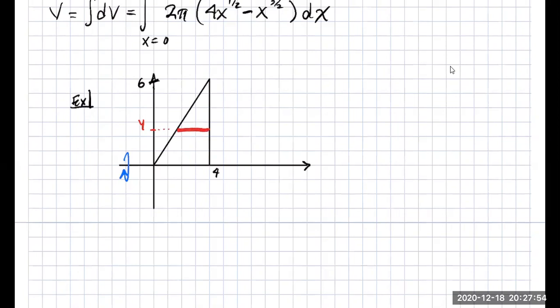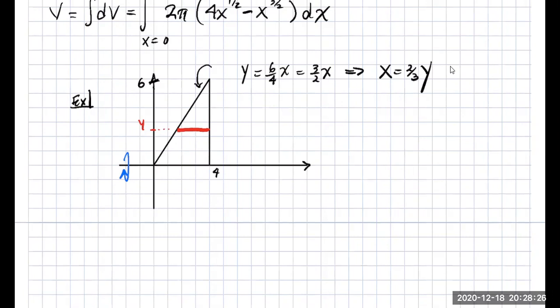Okay, now I need to label the ends of that rectangle, but I really need to figure out what the equation of that diagonal line is right there first. Okay, well, rise over run, and it goes right through the origin. Okay, all right, so let's label our rectangle.